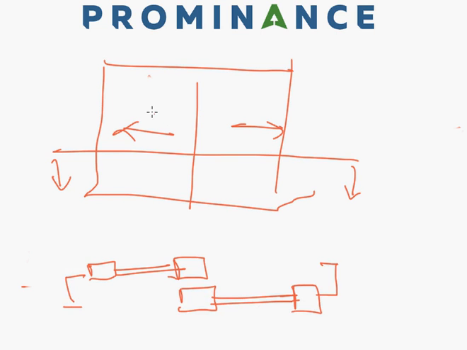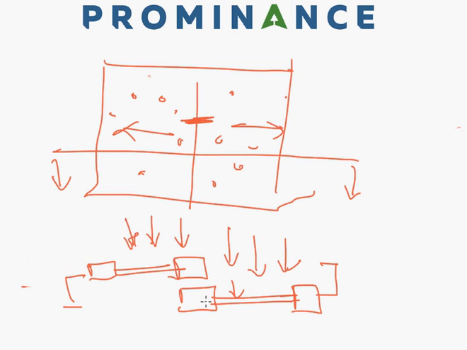So if the wind load is acting on this particular glass pane, the most vulnerable area is my interlock section. My wind load which is acting from this side is being transferred through the glass onto this particular section.